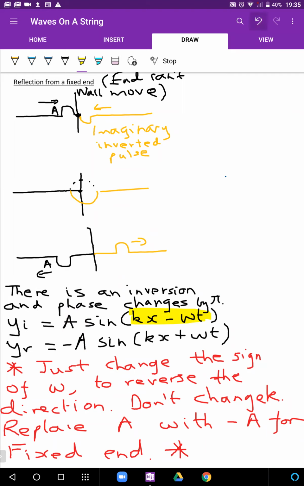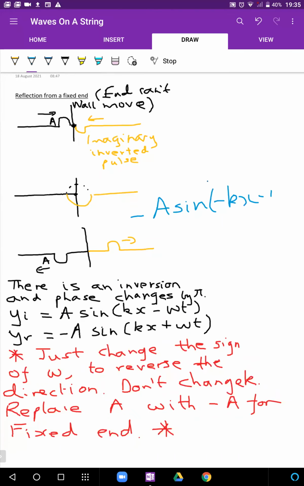You should realize that if I am going to change k, just have a look at that. If I am going to change k, see what equation I get. So I am not changing the sign of omega, I'm only changing the sign of k.